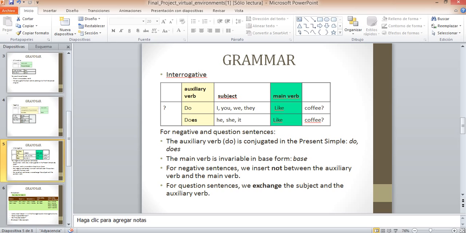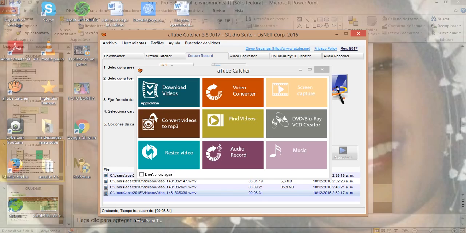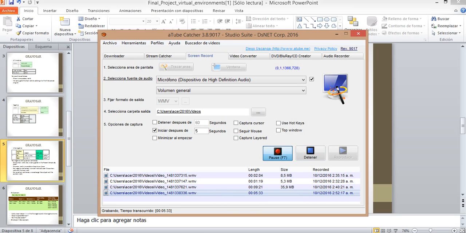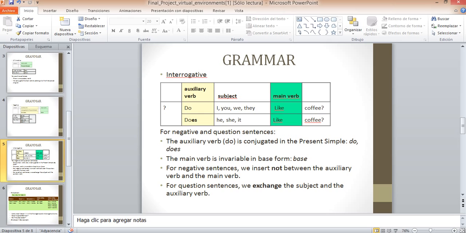The auxiliary verb do or does should be put before the subject to write an interrogative statement.